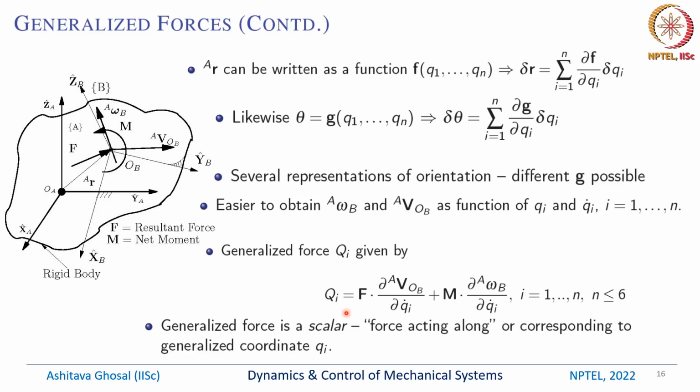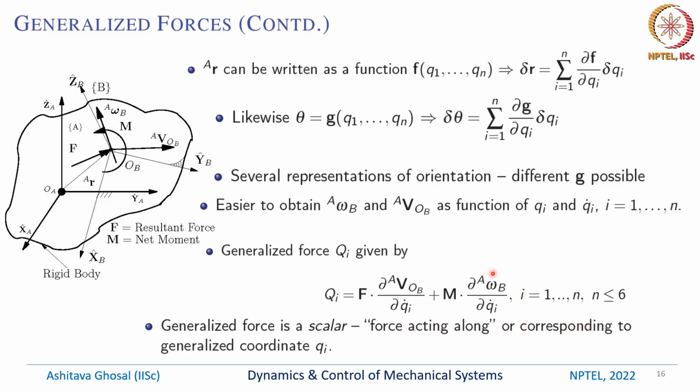We will look at many examples, but the basic idea is that I have some boldface F, which is a force, and a moment which is acting on this rigid body. But I am representing the position and orientation, or the configuration of the rigid body, instead of x, y, z and rotation matrix, or instead of x, y, z and some angle theta, using some generalized coordinates which are Qi.